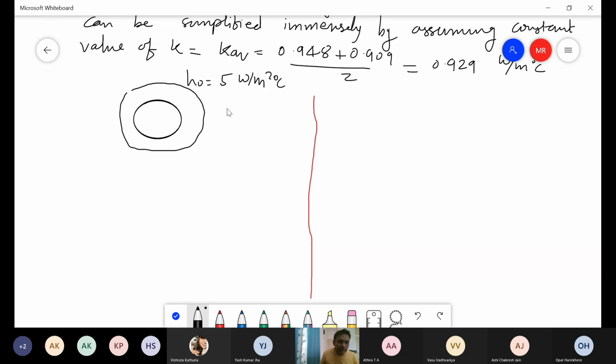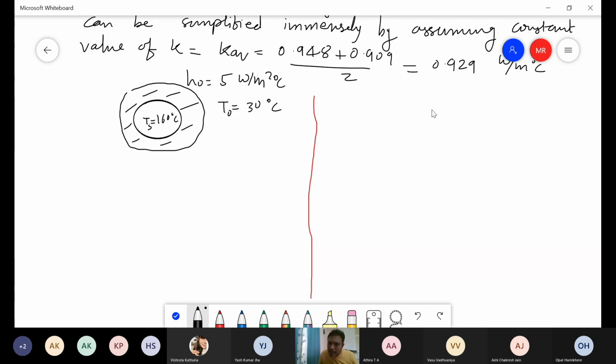This is what has been given, isn't it? Here Ts is 160 degrees Celsius. Here the outside value of the temperature, let's say this is Ts and this is T naught, is given as 30 degrees Celsius. Correct. And this is the insulation.